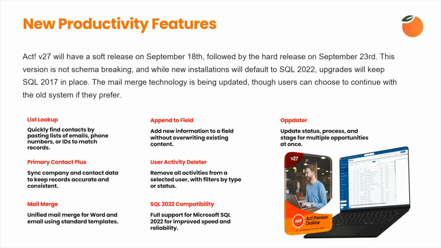As I said, the mail merge technology will be updated, but the user will be able to choose which version they want, because quite frankly, the mail merge in the desktop isn't broken in the same way it is with web. So they wanted to not cause any heartburn for people that aren't suffering any pain. But for people that are on APC or on Act Advantage and they want to switch to the new mail merge, which is available right now, if you email customer success at act.com with the account number and request that feature to be enabled, you can get the new mail merge.